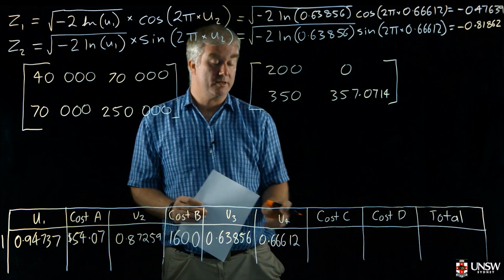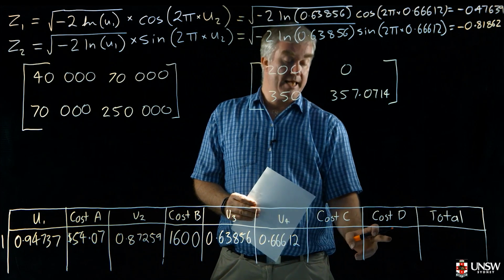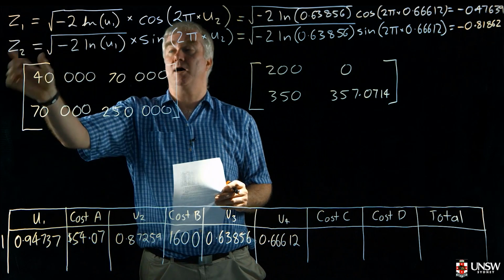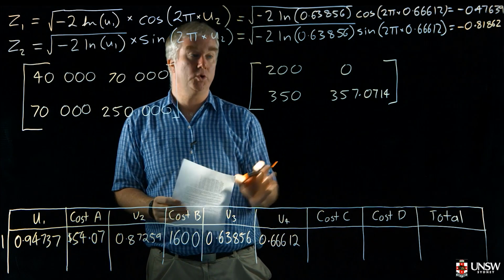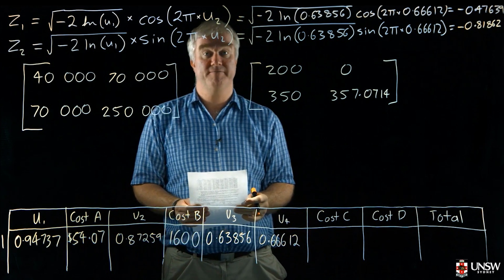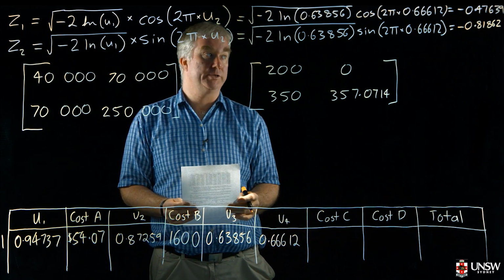Now, to work out the cost for activity C and activity D, we need to multiply the vector of Z1, Z2 times this matrix and add that to the vector of the mean values.